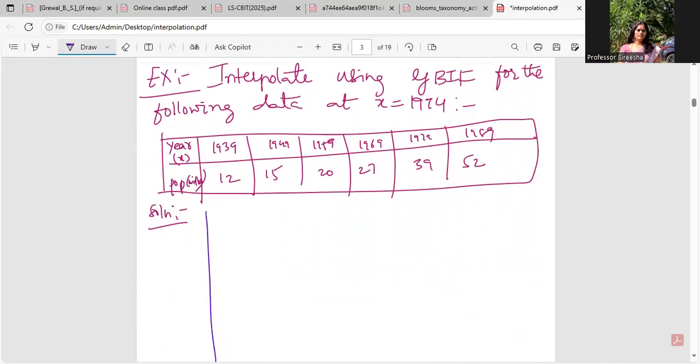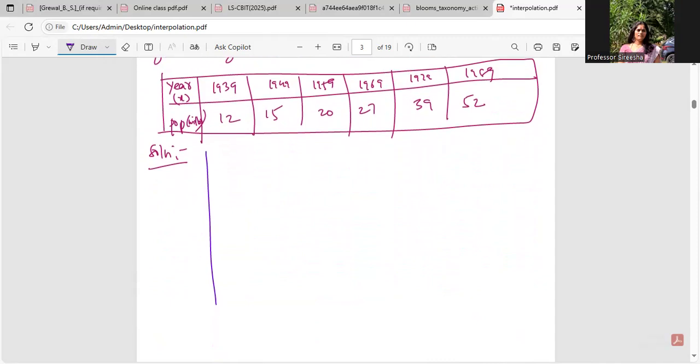For Gauss, you ought to take care of where the data starts, what's x naught and all that, and then proceed. Now, 1939, 1949, 1959, 1969, 1979, 1989 are all being given.